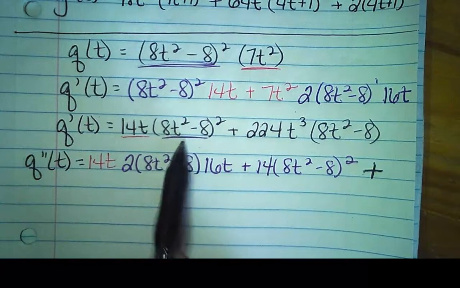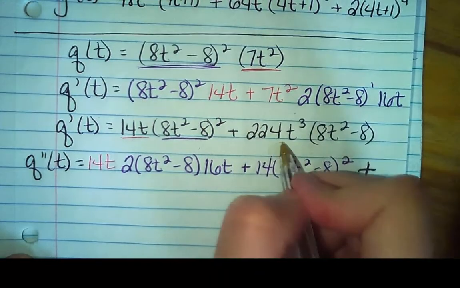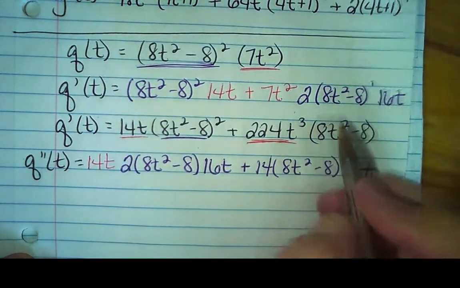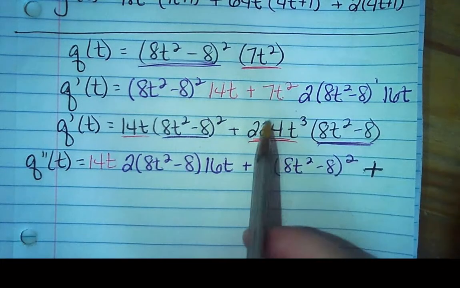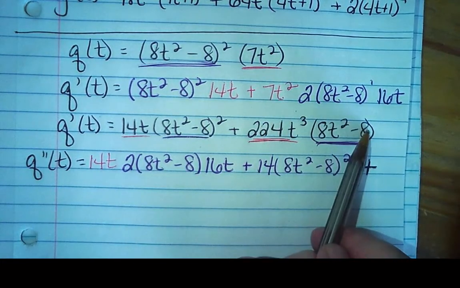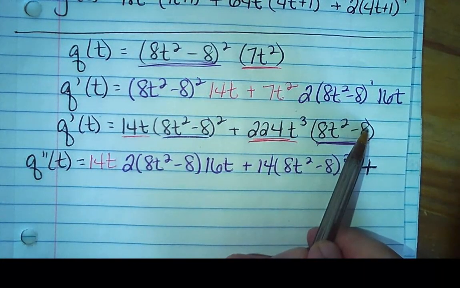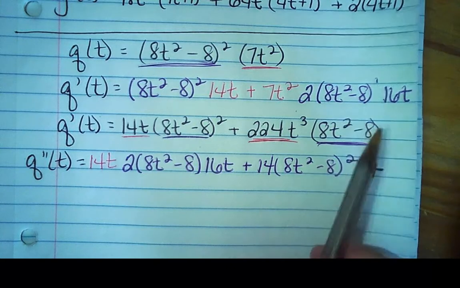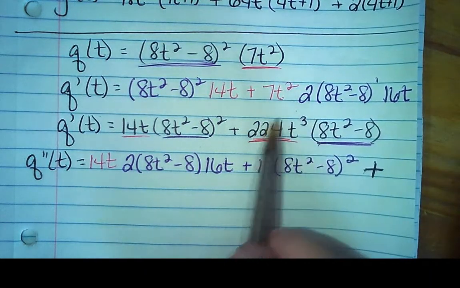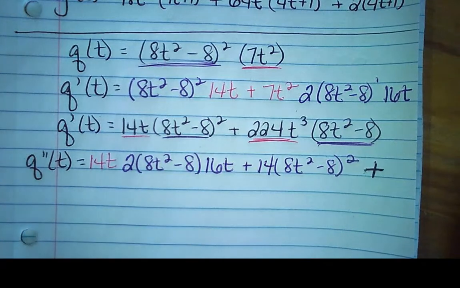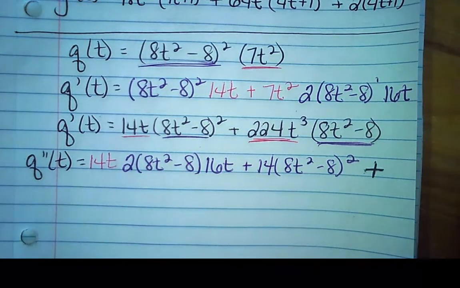Now I got to do it again. So I have first and I have second. Now, if you noticed, you could distribute this and just go a term at a time, because this doesn't have a power on it other than 1. So you could distribute this and then just differentiate each term. Well, I've already set it up this way, so I'm going to keep going.